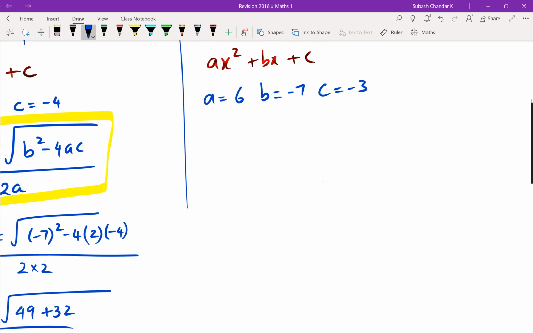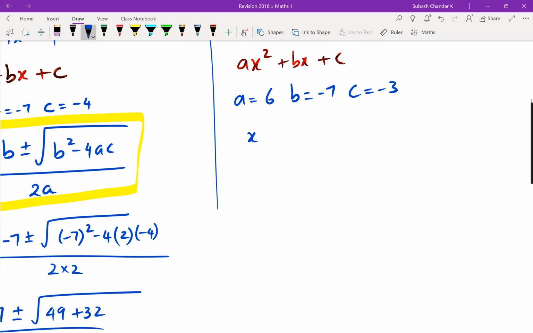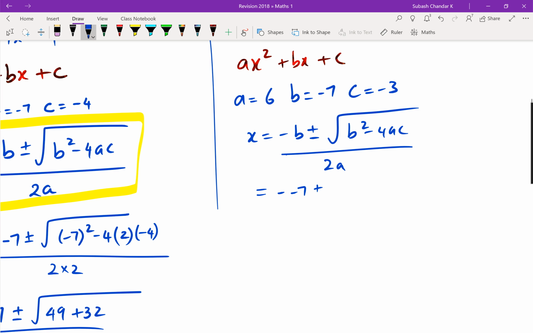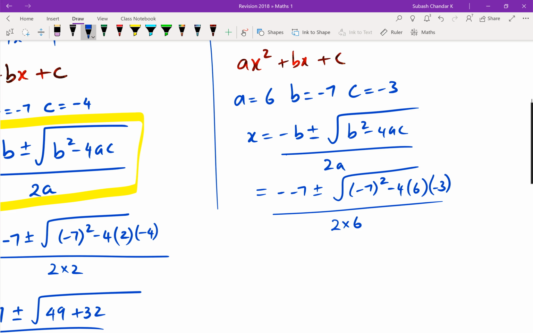Once I do that, I copy the formula down, which is x equals minus b plus or minus the square root of b squared minus 4ac, over 2a. So I've got negative 7 plus or minus the square root of negative 7 squared minus 4 times 6 times negative 3, and all of that over 2 times 6.